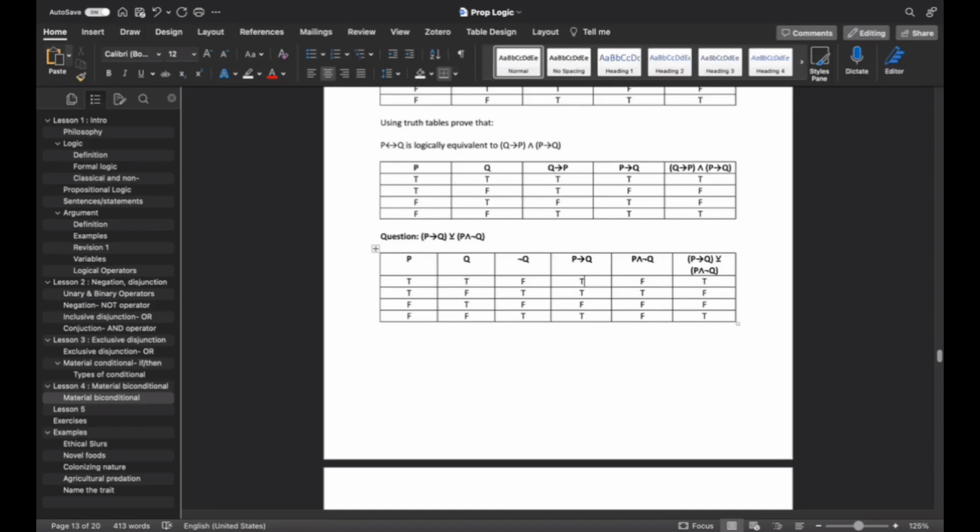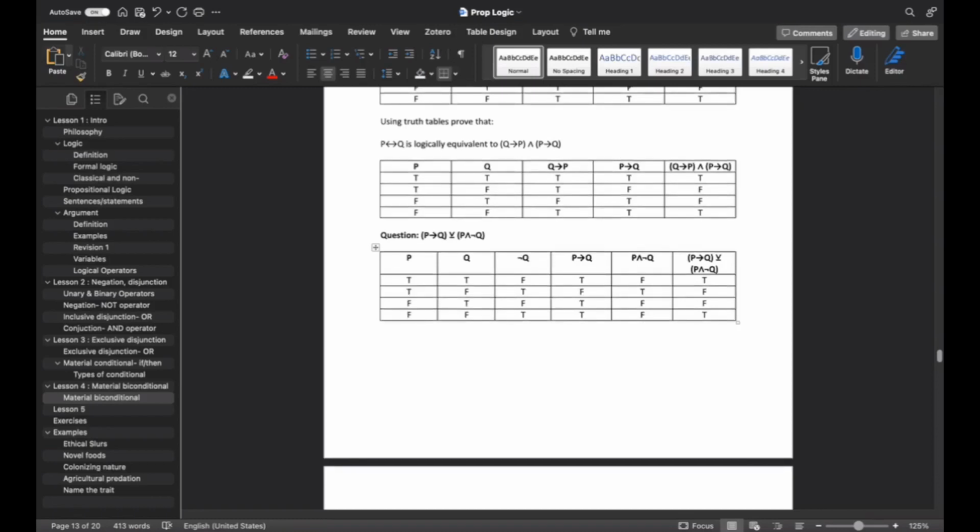Is that right? No, there's a mistake there, I think. I corrected the column there.